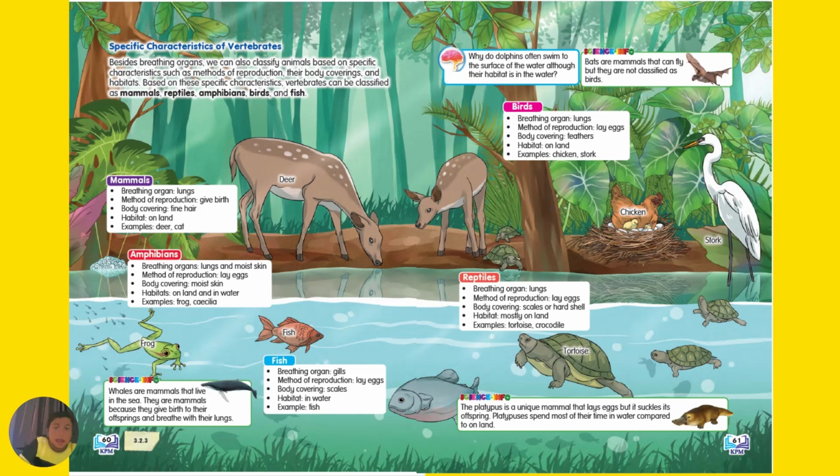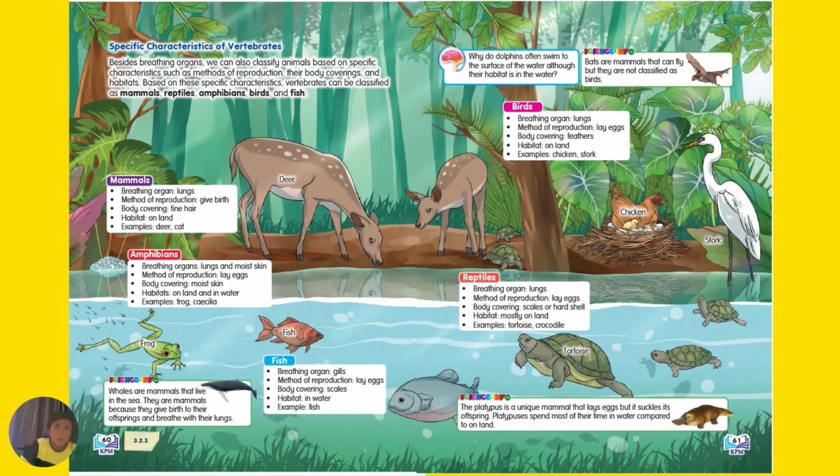Selain kita mengelaskan haiwan ini mengikut organ pernafasan, kita juga boleh mengelaskan haiwan ini mengikut ciri-ciri khas mereka seperti cara membiak, apakah bahan yang meliputi badan mereka, dan juga habitat mereka. Habitat ialah tempat tinggal haiwan.